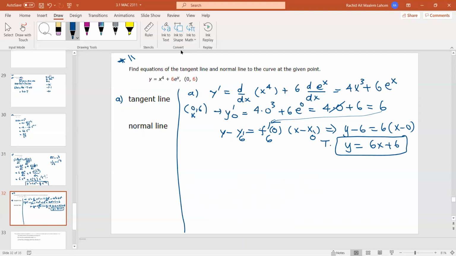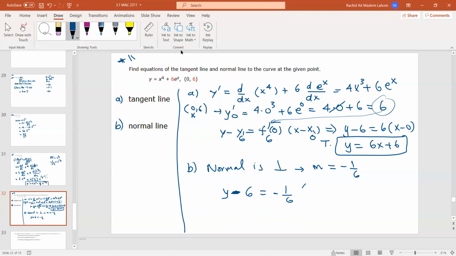To find the normal, we know that the normal at that point is that perpendicular line, which means its slope is going to be the opposite reciprocal of the one we found. So it's going to be negative 1/6. Applying the same formula again at the same point, just now the slope is negative 1/6.